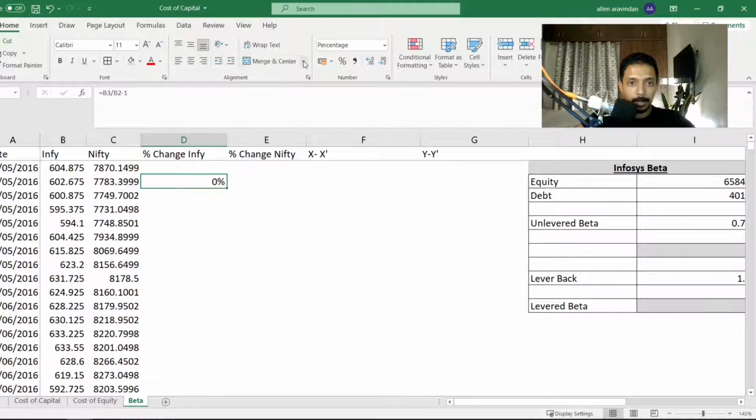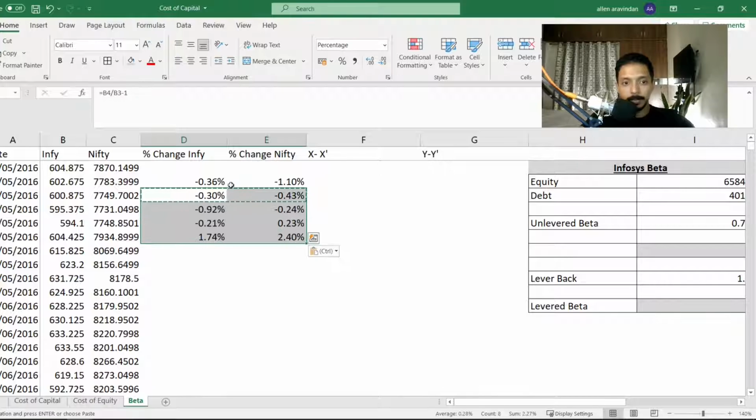Let me put it into percentages and increase the decimal places. I'm going to do the same thing for Nifty. As you can see, on the same day when Nifty dropped 1.10, Infosys dropped 0.36. And if you see the next day, Nifty dropped 0.43, but Infosys dropped less. So this is what we're trying to measure.